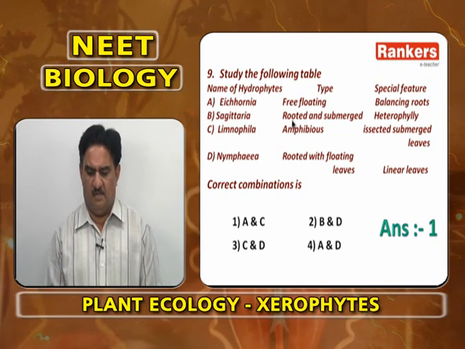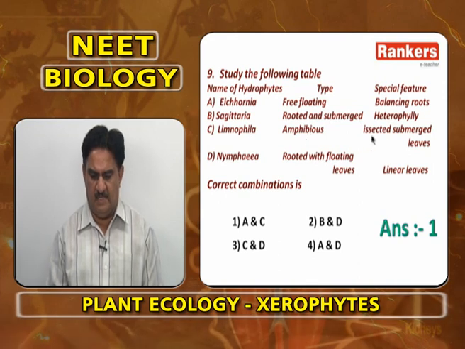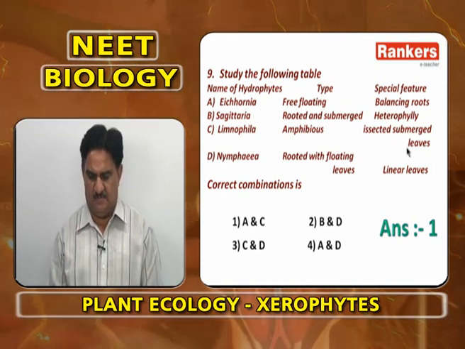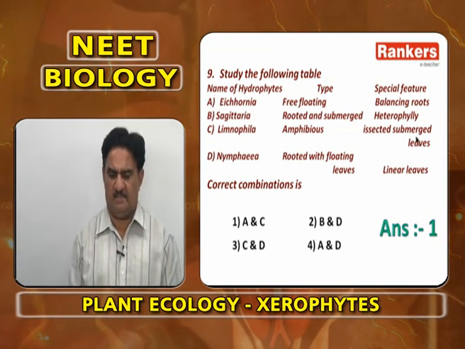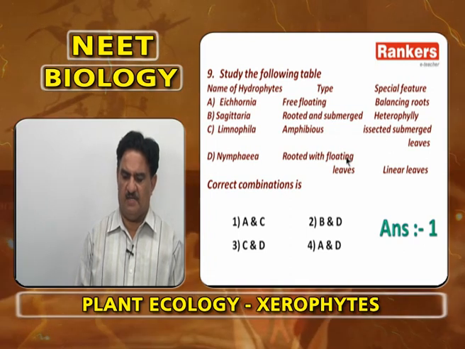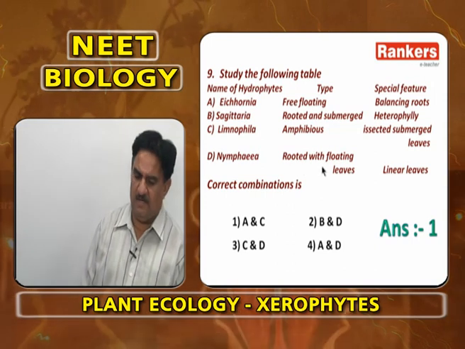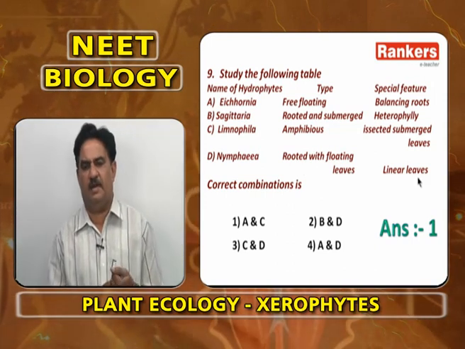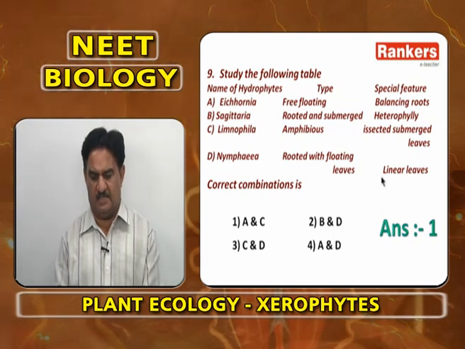Limnophila, amphibious, dissected submerged leaves is correct. Nymphaea, rooted with floating leaves is correct, but not linear leaves. They are very broad expanded leaves on which water is kept as water droplets. So the answer here is A and C.